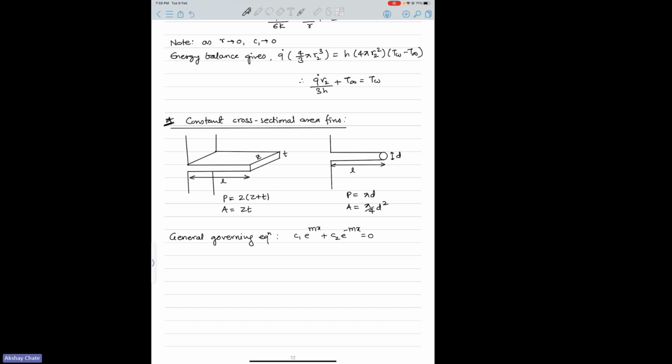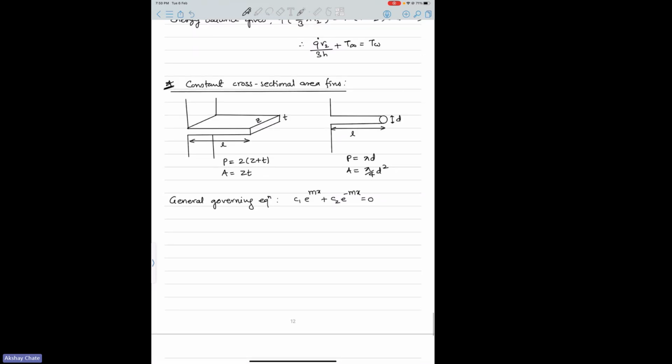Here x is a length coordinate from 0 to L, and m is nothing but a constant, the square root of hP by kA. Keep in mind that m will have units of 1 by meter. I should not write 1 by M because M itself is the symbol.